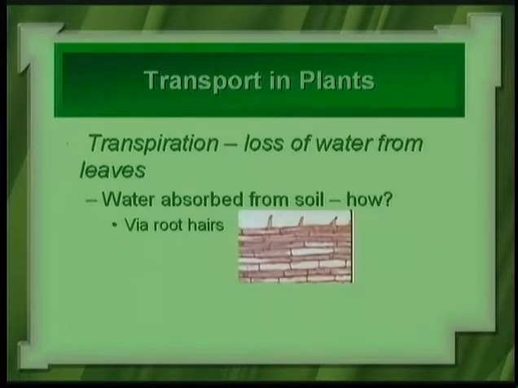Usually the water is absorbed from the soil via the root hairs. It's moved by the process of osmosis, because usually the root in the soil has a higher concentration of water outside of the root than inside of the root. So the water concentration is higher in the soil than it is in the plant. Therefore you have water molecules moving through the cell membrane via the root hairs, into the root hair, then into the rest of the cells inside of the plant.